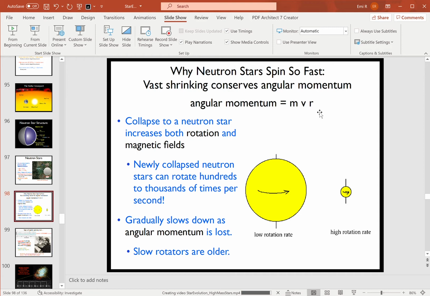So if you decrease a quantity, you need to increase another one. Like for E equals mc squared, if you decrease the mass, you need to transfer it somehow into energy. So here it is the same thing. Neutron stars spin fast because they are shrunk. Their radius is so small, but the mass so great, that you need to have them spin.